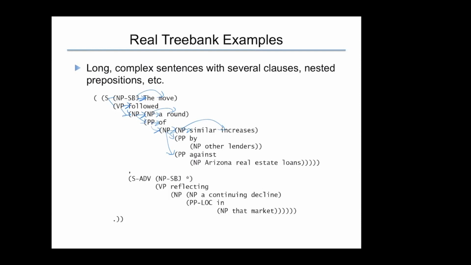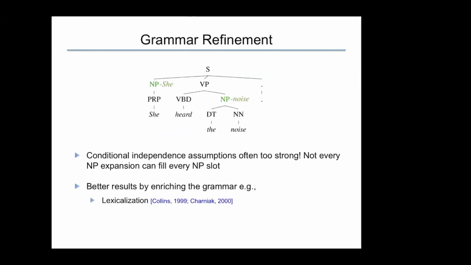And they're very long, it's complex sentences, and a lot of clauses, nested prepositions, etc. So when people are trying to create a syntactic parser, they use this data set to train their model. And then once the model is trained, you're able to spit out this structure for unseen sentences during inference time.